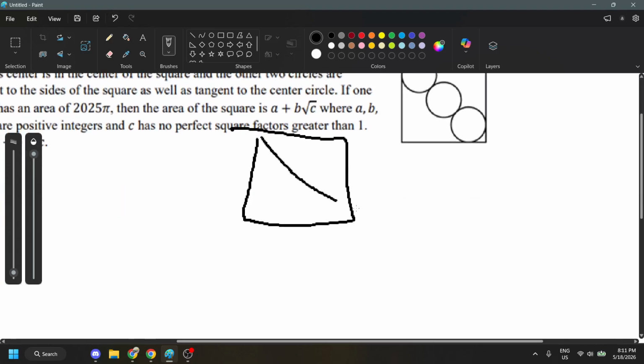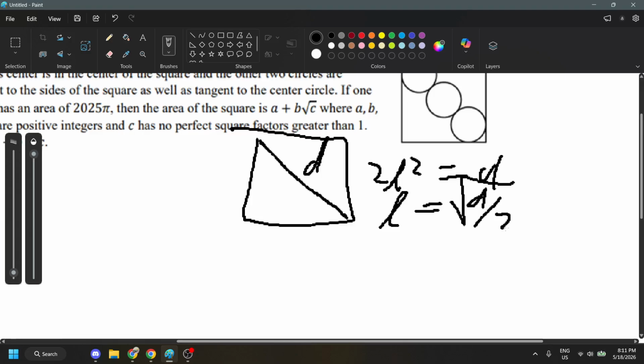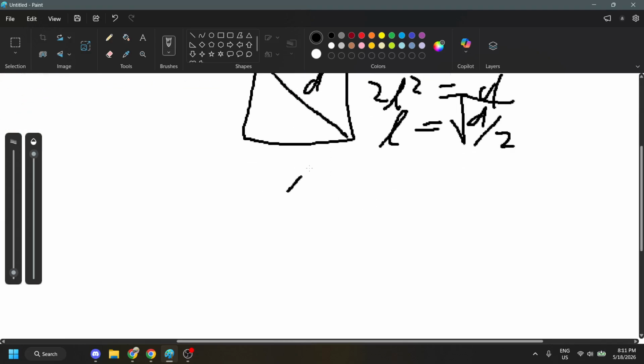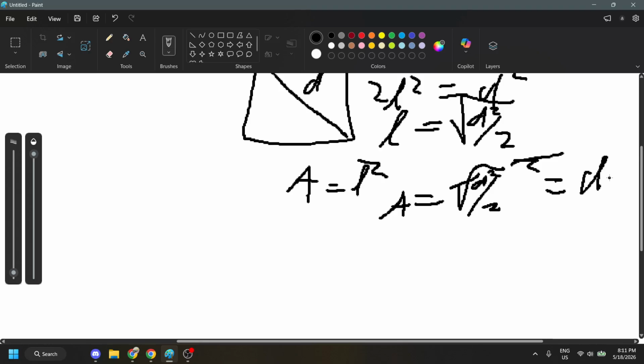Because if we have the diagonal of a square, let's call this d, we know that 2 L squared is equal to d squared. So d over 2, square rooted, is equal to L. We know area is equal to L squared, so area is equal to d squared over 2.